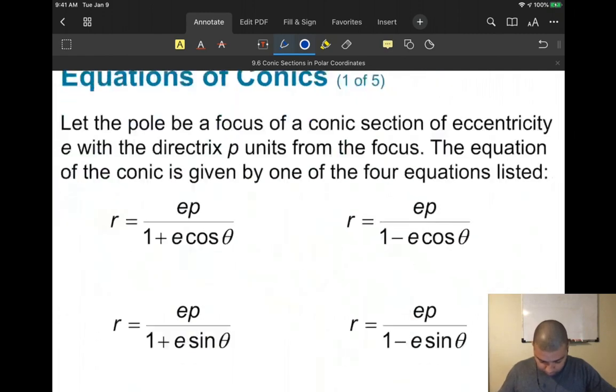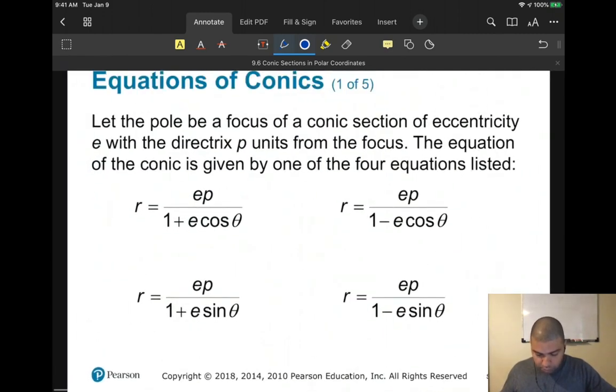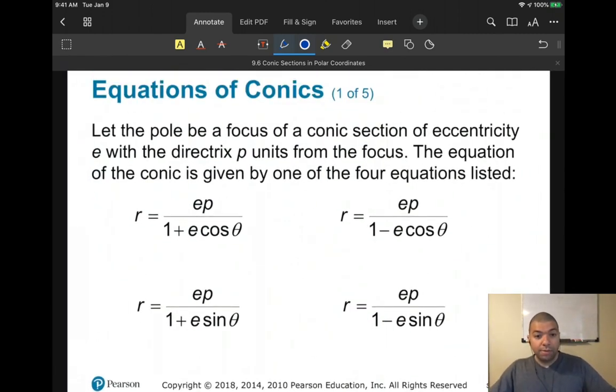Okay, so here are the 4 possible equations. Very, very easy to remember. It's EP over 1 plus or minus E times cosine or sine of theta. The most important thing is that the term at the bottom has to be a 1 regardless.